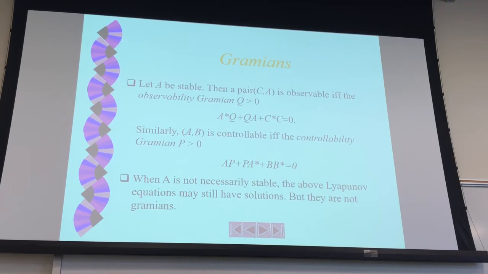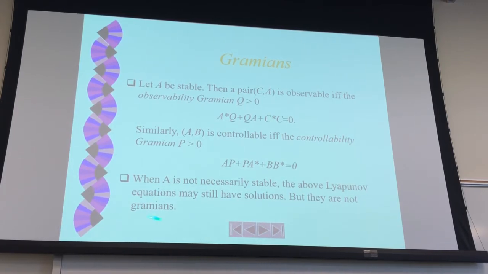So this remark, I do know this remark. People say it doesn't matter whether a solution exists or not; we're not talking about that. We are talking about whether it solves this equation. But it does not mean that A must be stable, and the solutions P and Q may not be the Gramians as defined.